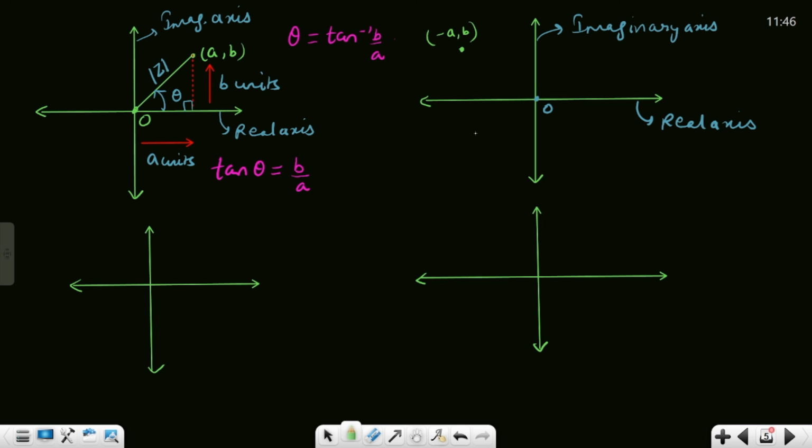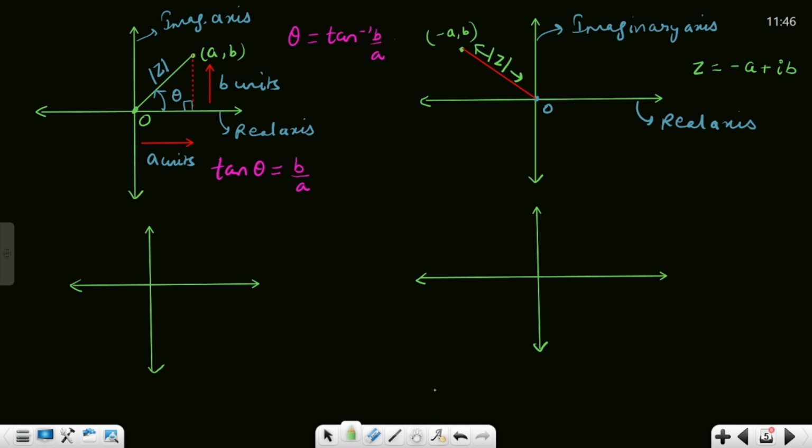The real part will be negative and the imaginary part will be positive, so the complex number is minus a plus iota b. This behaves as the point minus a comma b in the second quadrant, just like in a 2D Cartesian plane. The distance from the origin to that point is called the modulus, modulus of Z.